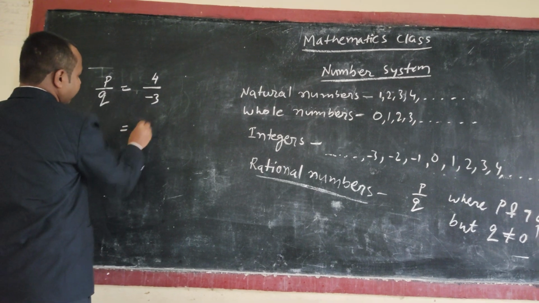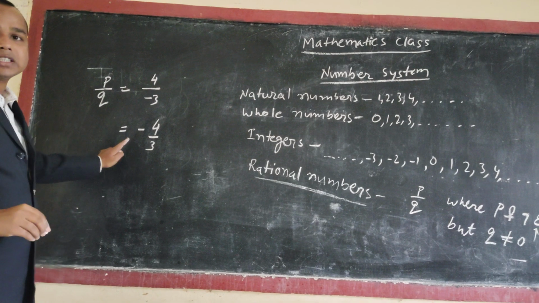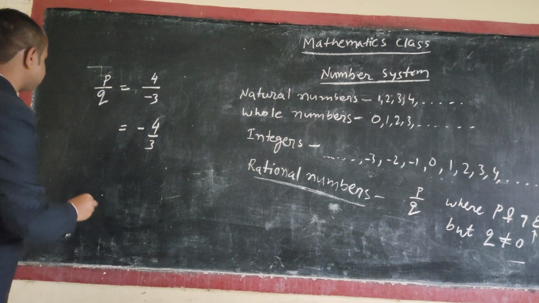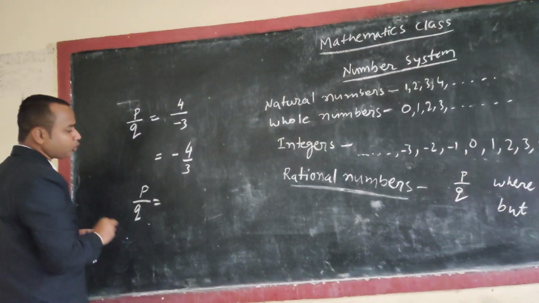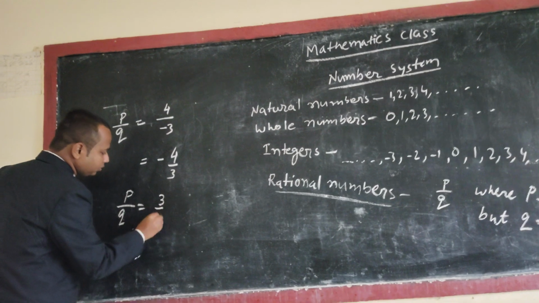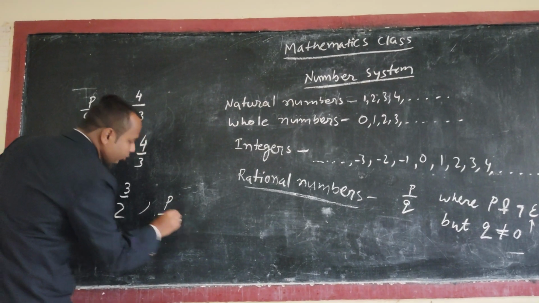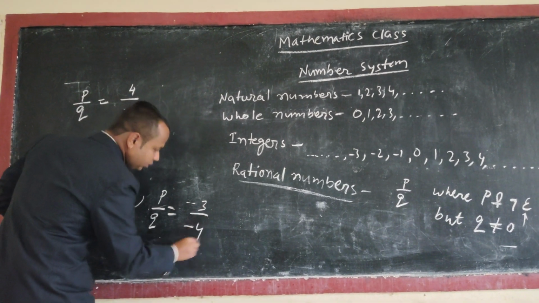So 4 by -3 is equal to -4 by 3. This is a rational number according to the definition. In the same way we can take both p and q positive, like 3 by 2, and also both negative, like -3 by -4.